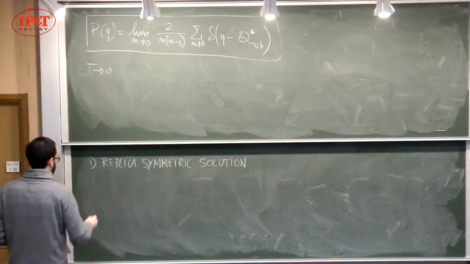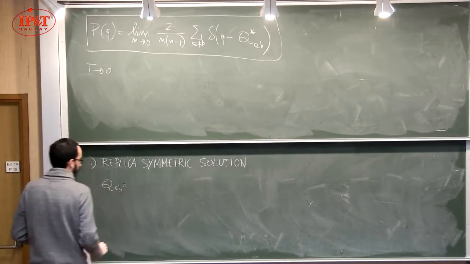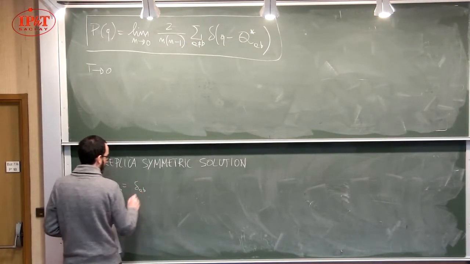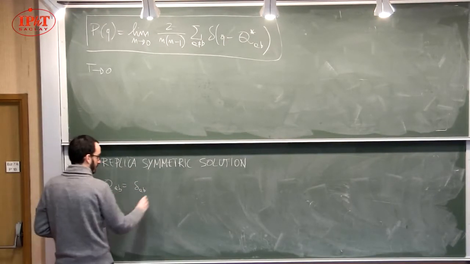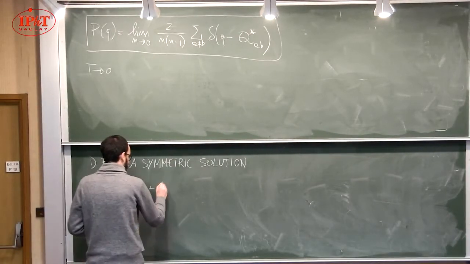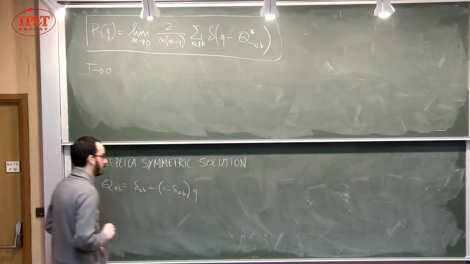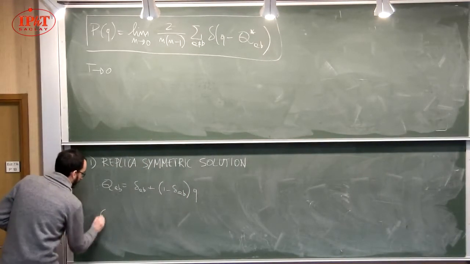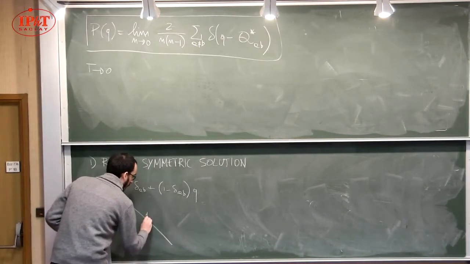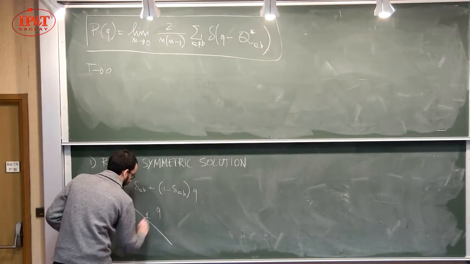So we say that the matrix Q_AB is equal to 1 if A is equal to B, and this is the spherical constraint. And then we say that when A is different from B, we always have q. So this matrix you can represent in this way: 1 on the diagonal, and outside the diagonal you have q.